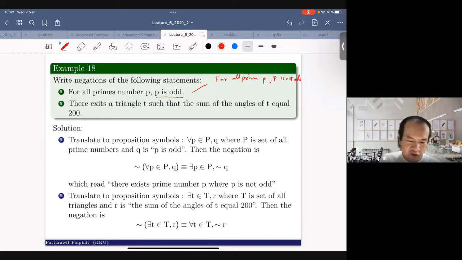Or is it, I should say, for some prime p, p is odd? What's the negation of: for all prime numbers p, p is odd?